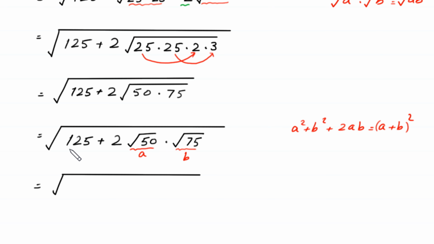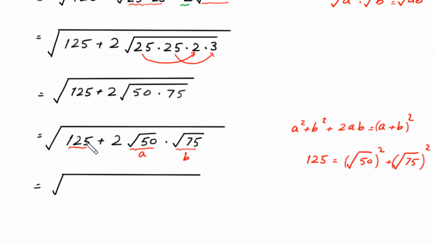So we write this 125 as square root of 50 squared plus square root of 75 squared. This square root of 50 squared plus square root of 75 squared is equal to this 125.